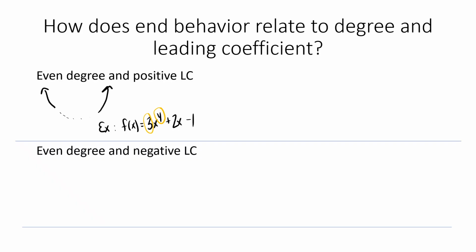Next one is even degree and negative leading coefficient. Well, that is this one. And an example of that might be f of x equals negative 3x to the fourth plus 2x minus 1. So now you still have the even degree, but now the leading coefficient is negative.